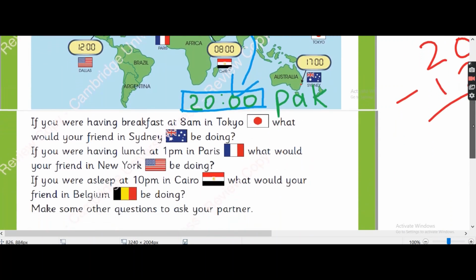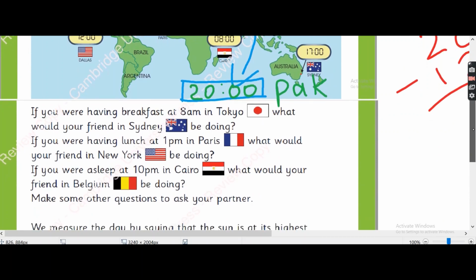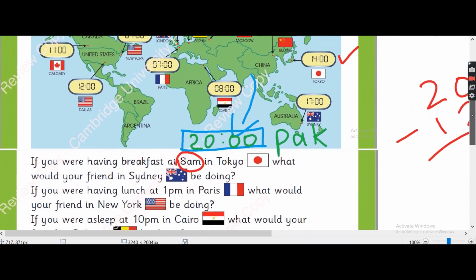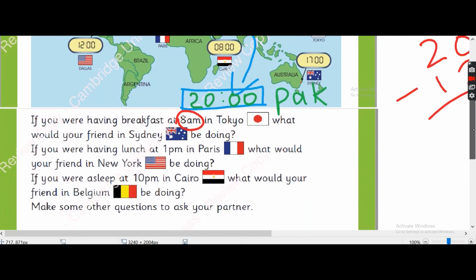So it would be better for us to convert AM or PM times into 24-hour clock, because whenever we need to find time difference, it is better to convert time into 24-hour clock. If you are having breakfast at 8 a.m., the time in AM is the same as in 24-hour clock. ठीक है, 8 AM को हम 8 o'clock ही कहेंगे 24-hour clock में भी.